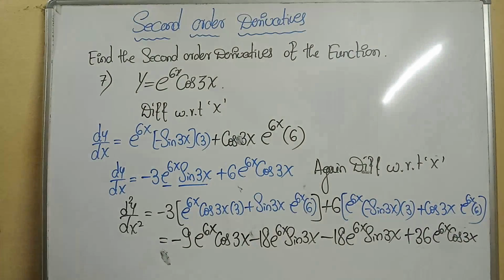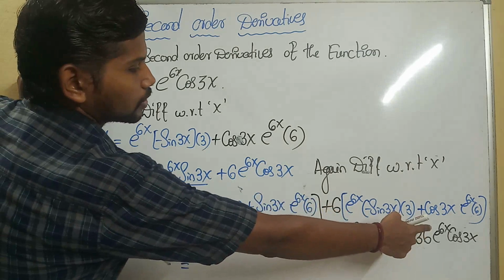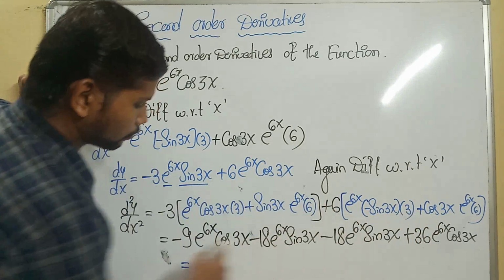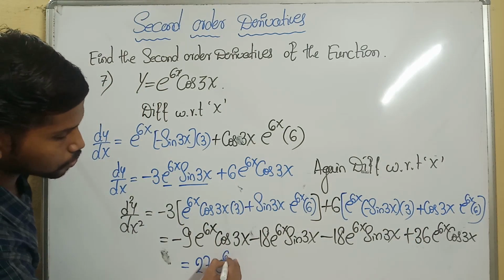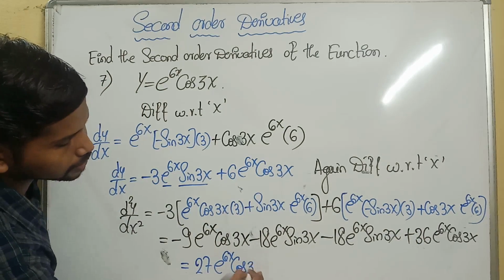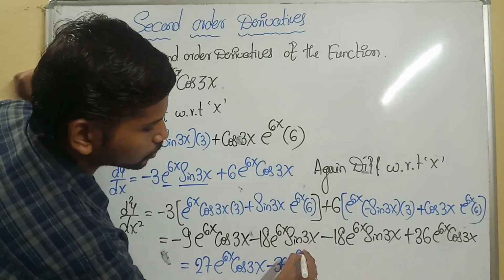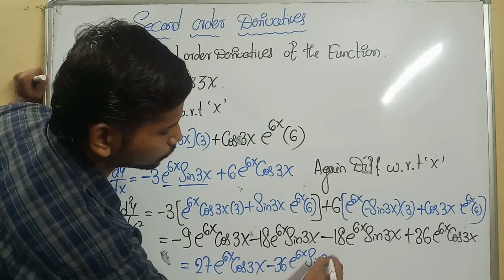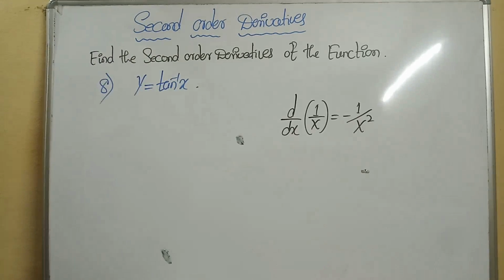Got it? Then the last conclusion part will be 36 times e raised to 6x cos of 3x minus 9, it will be 27 e raised to 6x cos of 3x, minus 18 minus 36 e raised to 6x sine of 3x. We got the double derivative of the function.